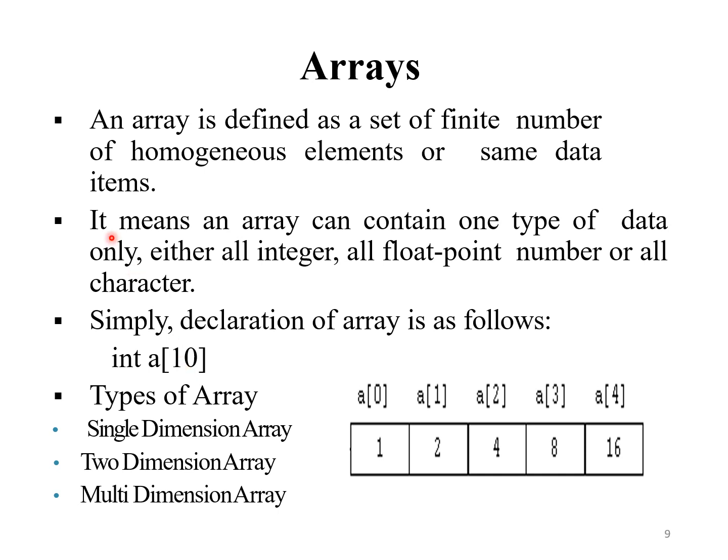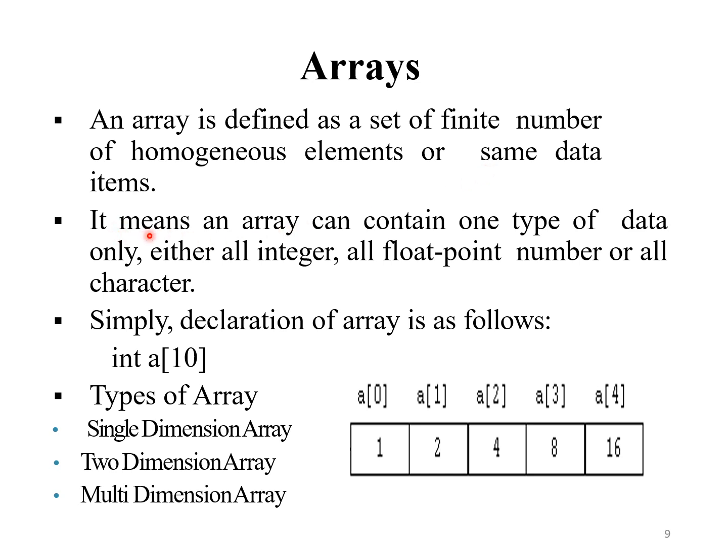Next, an array is defined as a set of a finite number of homogeneous elements or same data items. Means if I store in 0 location 1, in 1 location B, in 2 location 4, in third location 8, and in fourth location a character, then this is not possible because in an array we can store only the same type of data items.